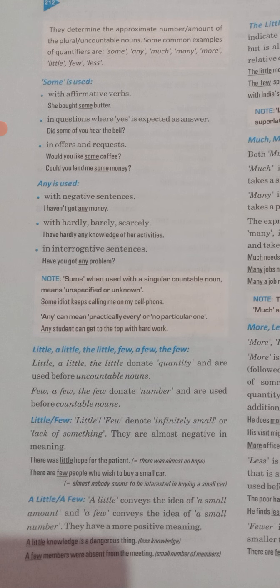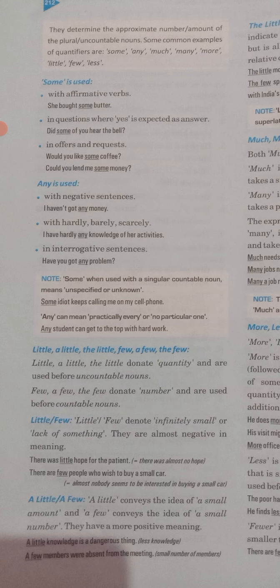Like if I say, there was little hope for the patient, little hope means almost no hope. You are showing the negative impact here. But if I say, a little knowledge is dangerous, here you are saying that you have some knowledge, but a little is dangerous. You should know more.